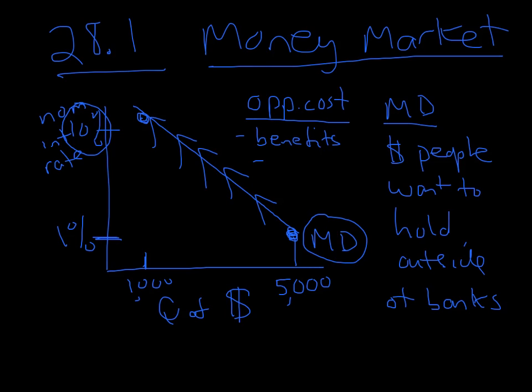But there's also the opportunity cost of holding that money outside the bank, not having that money in the bank, and that is the interest rate that you lose. And it's the nominal interest rate here in this market because it's both the real interest and also the rate of inflation.